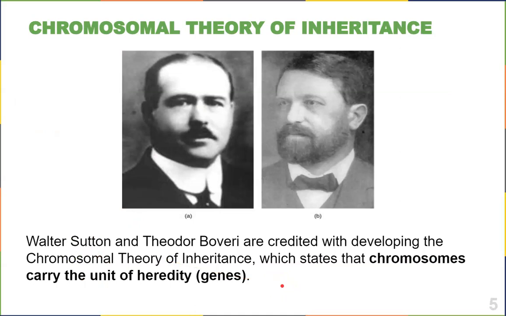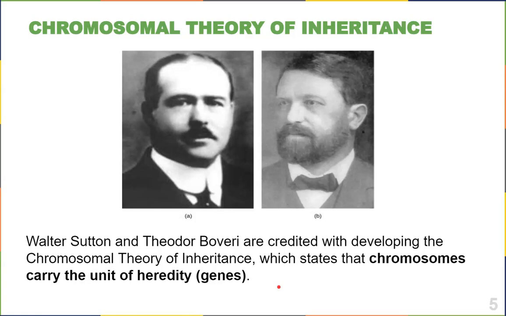The chromosomal theory of inheritance was developed by Walter Sutton and Theodore Boveri. They created this theory based on their experiments with fruit flies, Drosophila melanogaster. It states that chromosomes carry the unit of heredity.